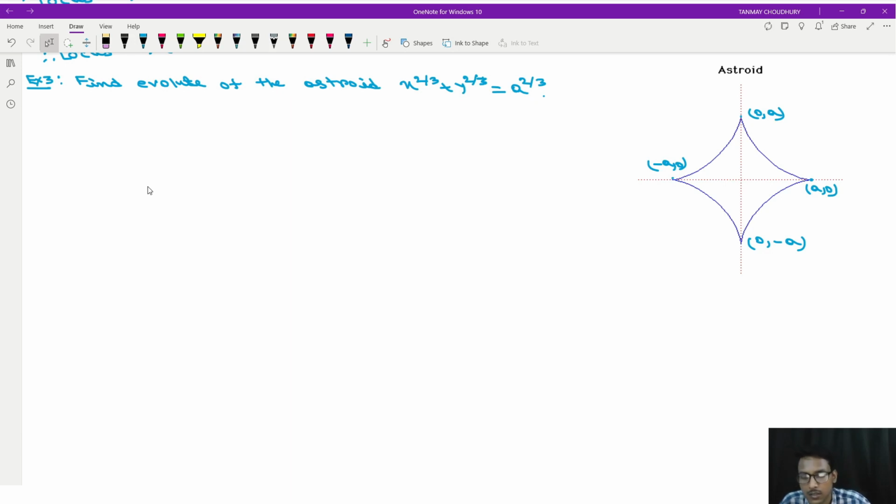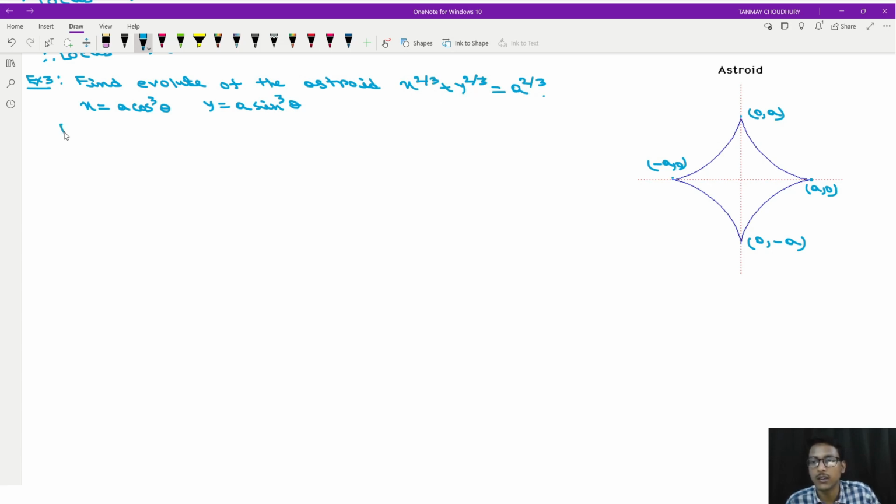Okay. So for this problem, instead of directly using the Cartesian formula, we will consider the parametric formula of the asteroid. So what is the parametric formula? It is given by x is equal to a cos cube theta and y is equal to a sin cube theta, and you can check that it will satisfy this equation, because cos square theta plus sin square theta turns out to be 1.